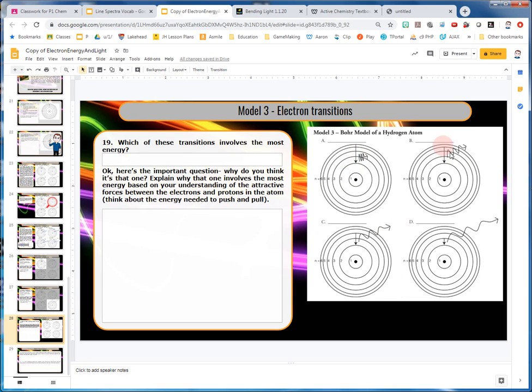However, all of these are releasing energy, so it really doesn't matter. Which one is releasing the most energy? Well, there's a couple ways you could go about this. You could just remember that the shortest wavelengths have the most energy. So you could say A is releasing the most energy because it has the shortest wavelength.